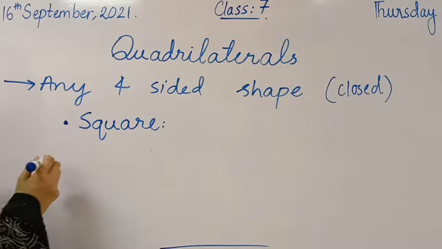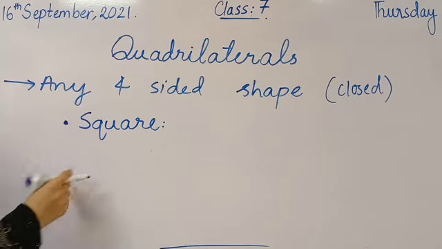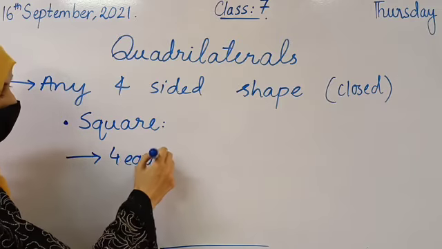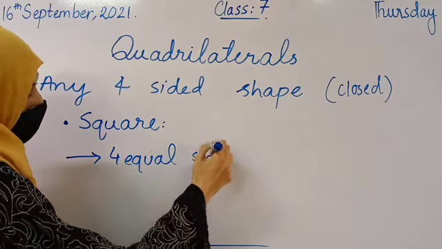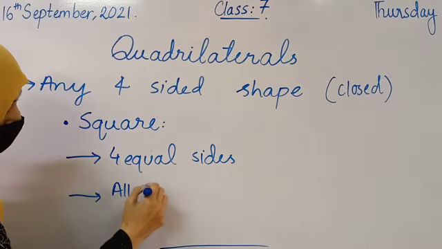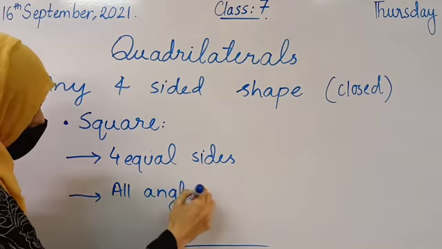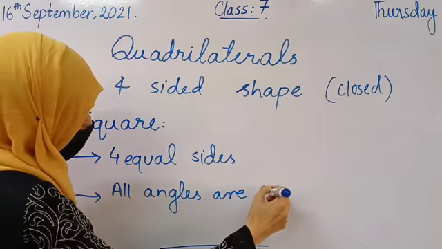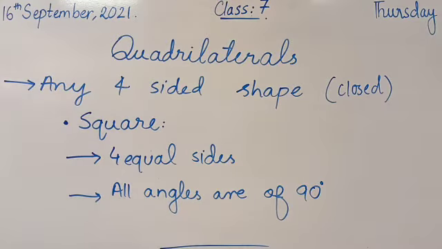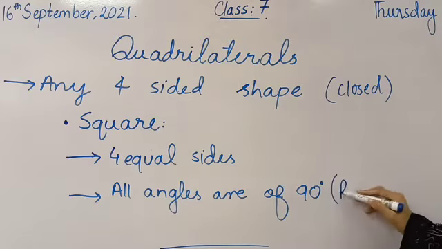A square is a quadrilateral which has four equal sides and all angles of 90 degrees. And what are 90 degree angles called? Good. They are called right angles.